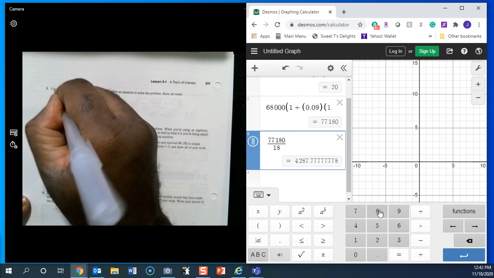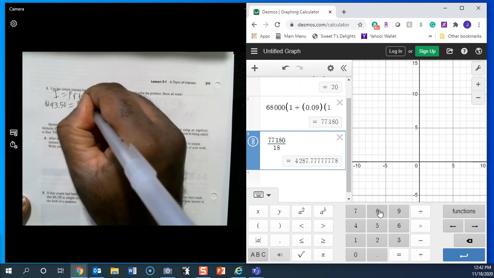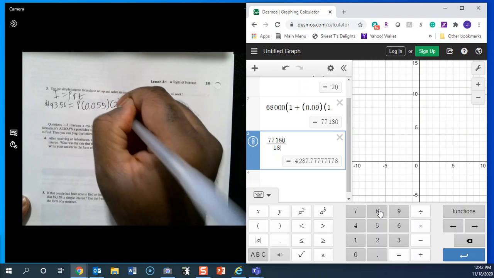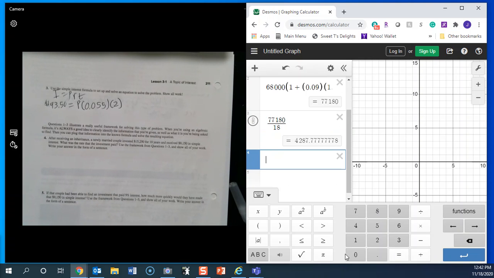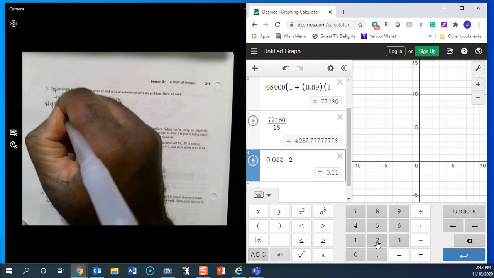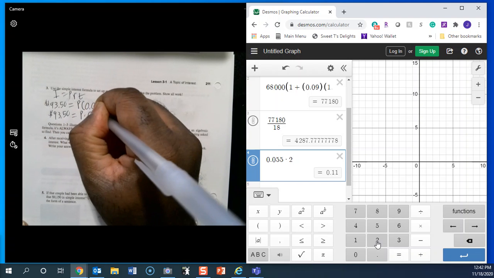Our interest was $93.50. Our principal we didn't know. Our rate was 0.055 and our time was 2 years. Now if we put this in a calculator, 0.055 times 2 gives us 0.11. So it'd be $93.50 is equal to P times 0.11.